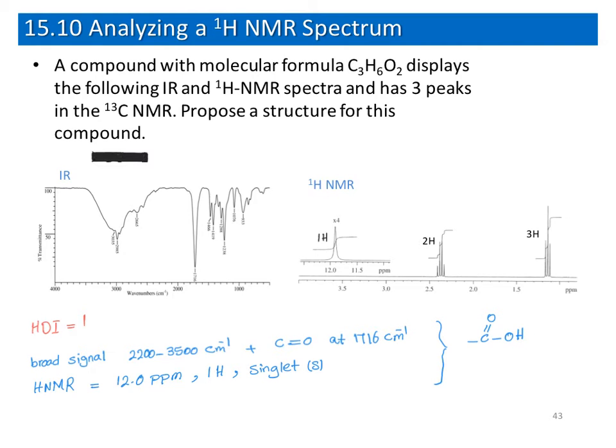Now, if you look at the rest of the hydrogen NMR, have you noticed the splitting pattern here? We have a triplet, integration of 3 hydrogen, and we have a quartet with integration of 2 hydrogen.